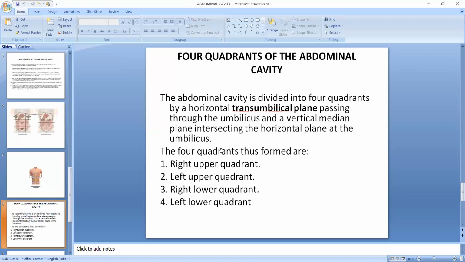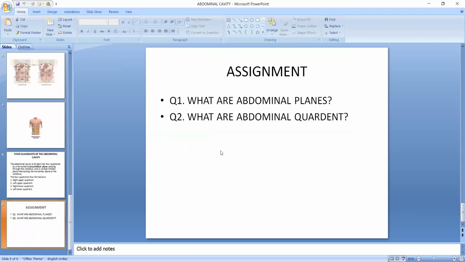So these planes intersect each other and divide the abdominal cavity into four large quadrants, and these quadrants are named right upper quadrant, left upper quadrant, right lower quadrant, left lower quadrant.